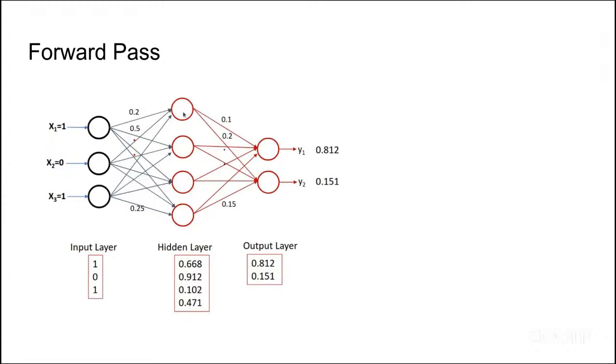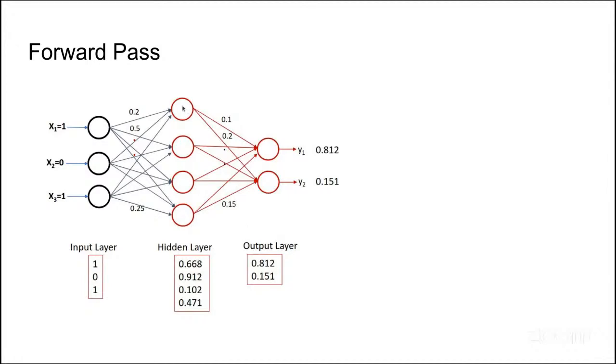So we take 0.668 times 0.1, 0.912 times this weight, 0.102 times this weight, 0.471 times this weight, and apply a sigmoid, and we get 0.812.